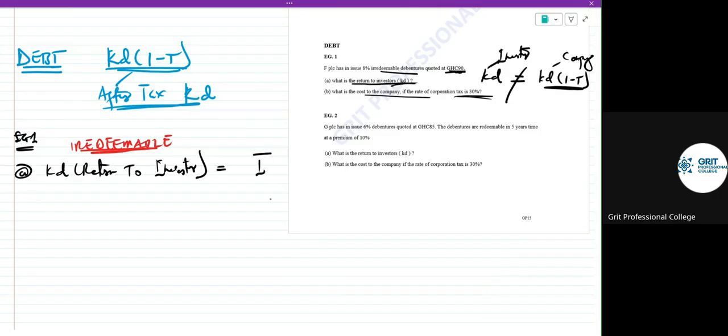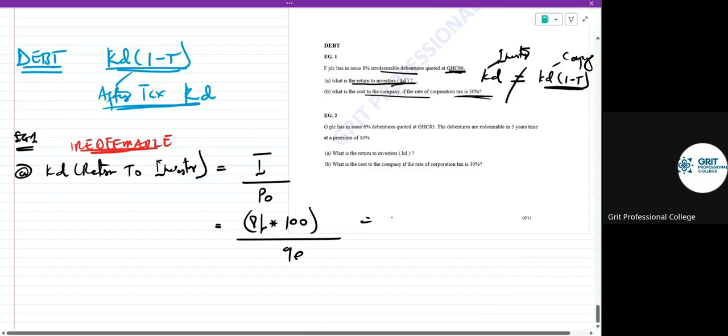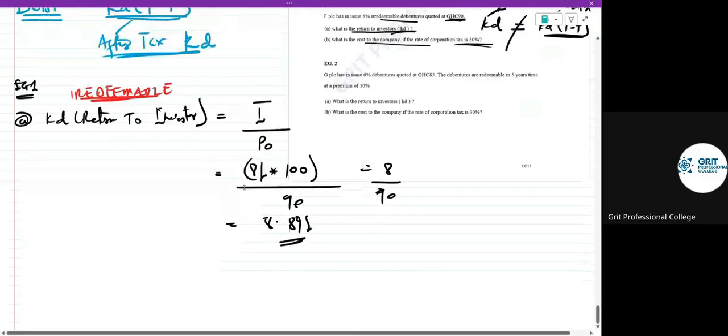It is just the coupon or the interest over the price of the debt, or the market value of the debt. And that will be 8% times the nominal value of 100 all over 90. So that is 8 over 90, and that will give us 8.89%. Okay, that is to the investor.